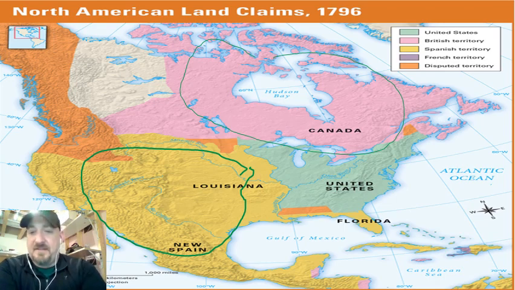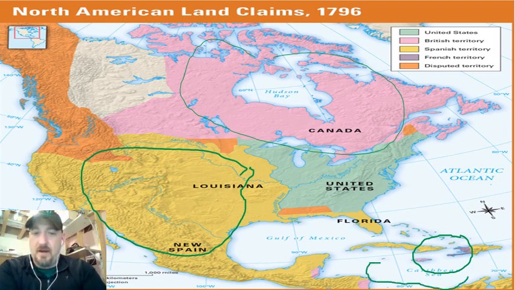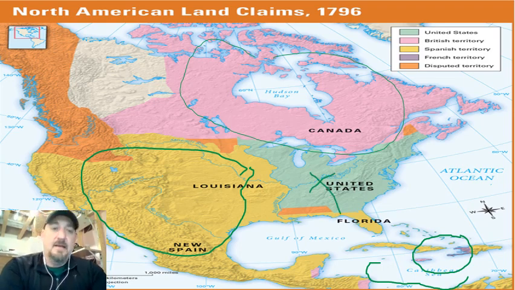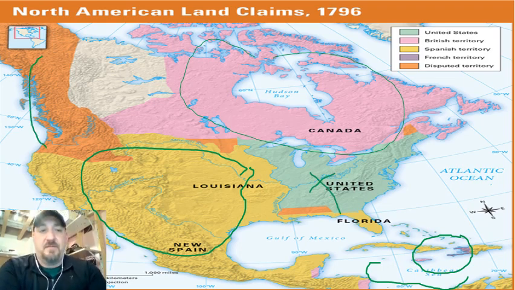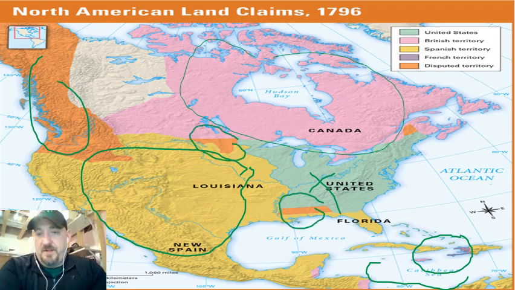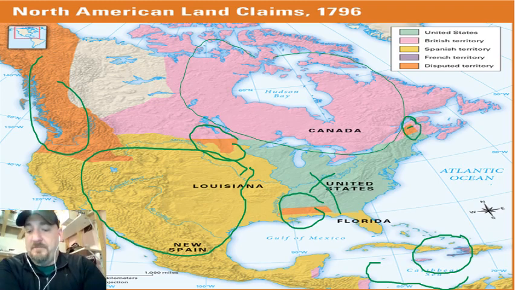Basically, by this time, France has been kicked out of the North American continent, and what remains for French territories in the Western Hemisphere are down in the Caribbean and our United States in green. And then we also have some disputed territory in orange, and we see some pockets of that. So those are areas in which there's multiple nations making claims that they control it, and the other nations are saying no, no, that's still ours. So that disputed territory. Here's another one here as well.